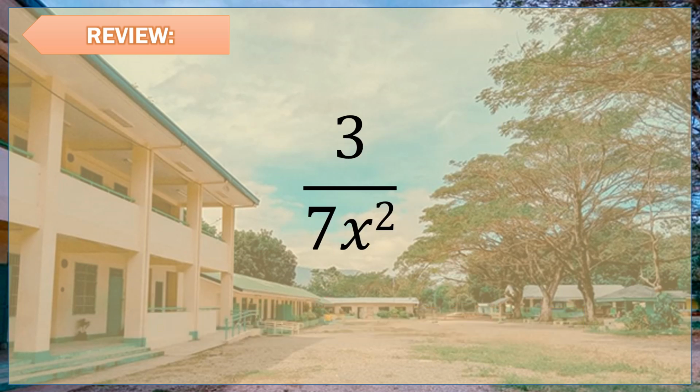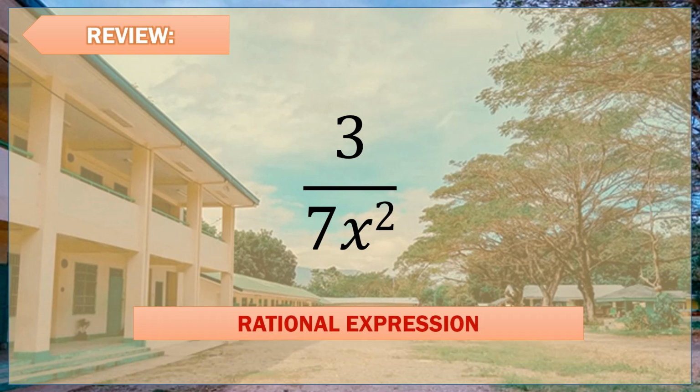Next, let's have 3 over 7x squared. Is it a rational expression or not? Yes, that is a rational expression. Why? Because this expression is written in ratio form. And why did it become a rational expression, when only the denominator has a variable?